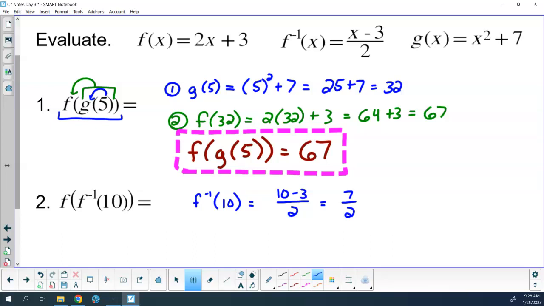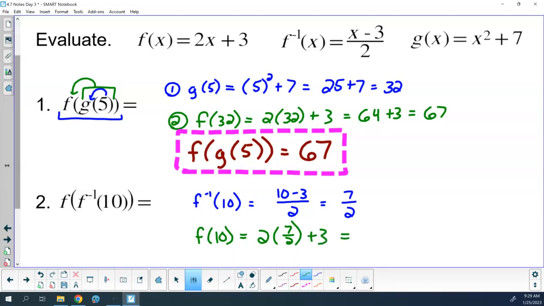I get 7 halves for the inverse of f of 10. Then I need to find f of 7 halves. That's going to be 2 times 7 halves plus 3.